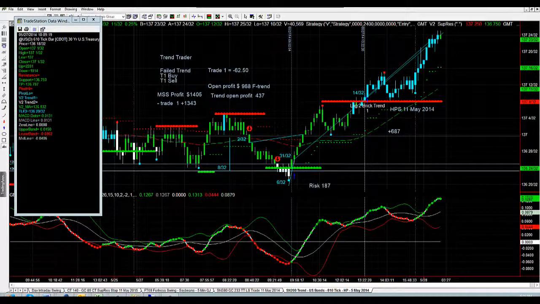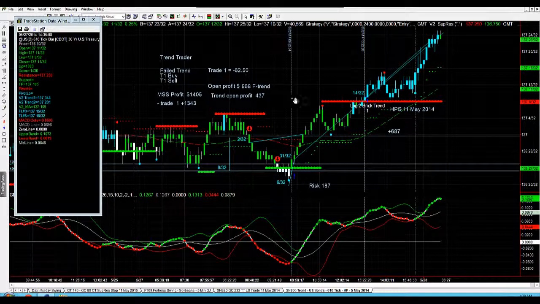Okay, traders, so we're going to have a look now just at where we are as far as P&L for the day. So we finished the day because we were into obviously our next day of trading. But you can see there that we've got an open profit of $9.68 on the failed trend. So that failed trend buy setup delivered some really nice profit. It's still open. Our open profit is $9.68. So if we liquidated positions now, we would basically walk away with $968 on that buy setup on our failed trend.